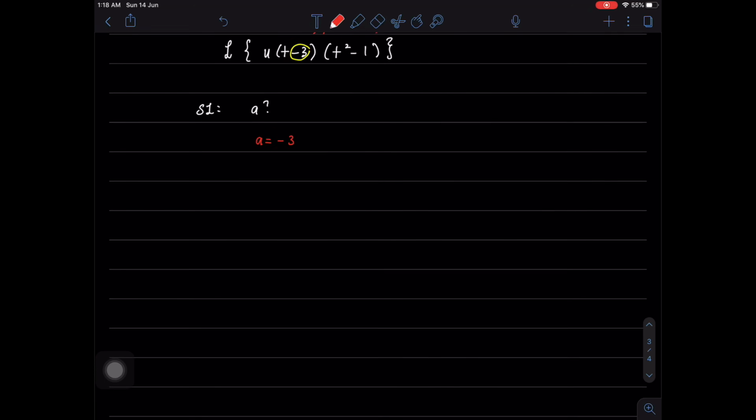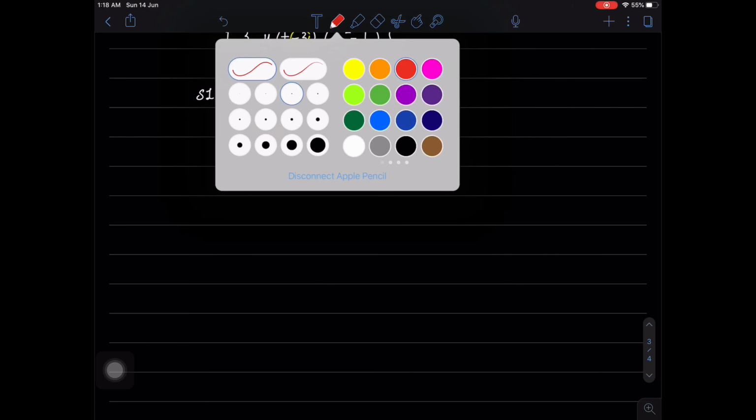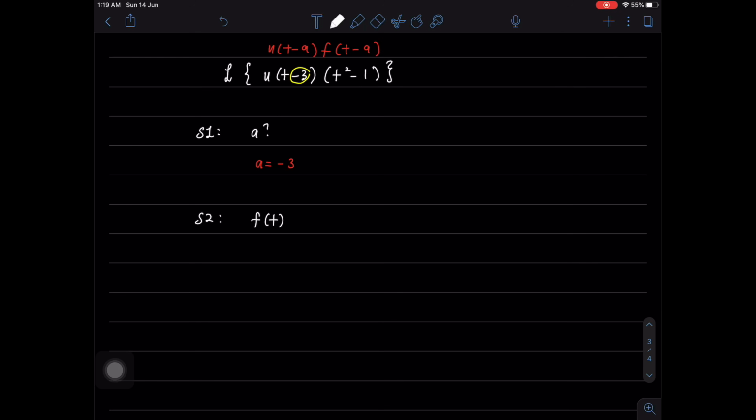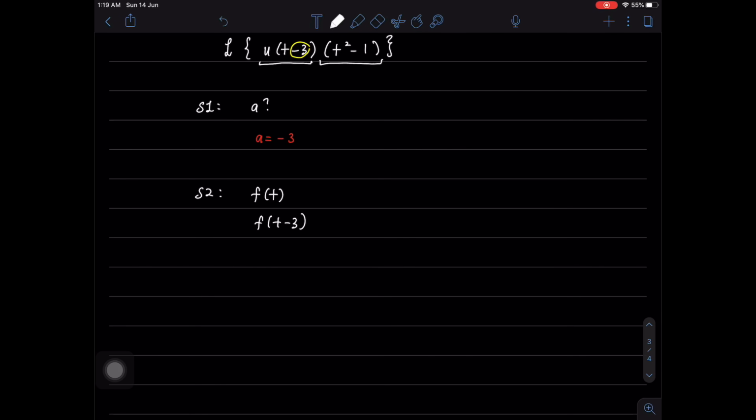So let's move to step number 2. You need to know what your f(t) is, because whatever comes with this function is actually f(t-3), since you have u(t-3). So f(t-3) is equal to t²-1.